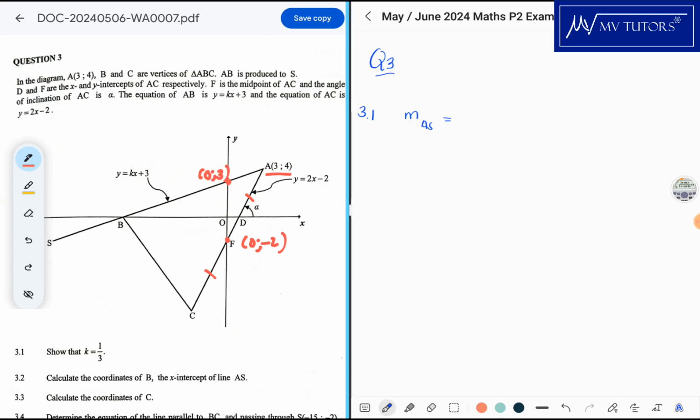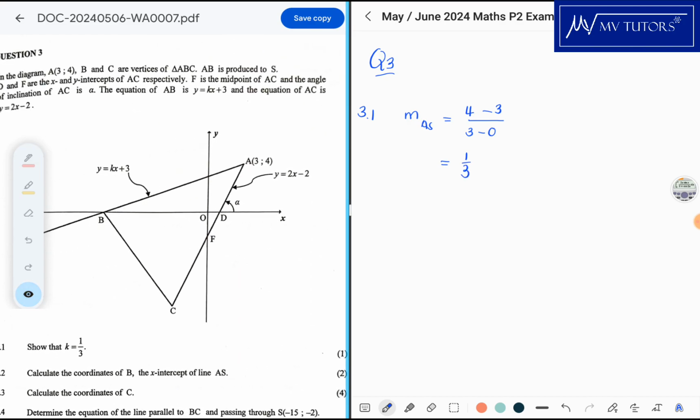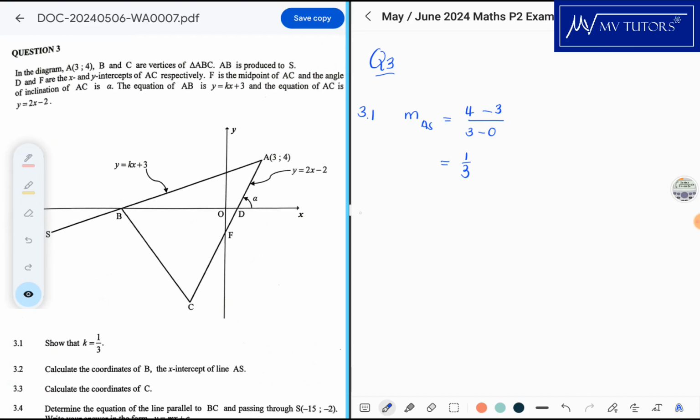So we have 2 points, we can get the gradient. We take the y-coordinate of A, which is 4, minus the y-coordinate of the intercept, which is 3. The x-coordinate is 3, and then there it's 0. So we have 1/3. Okay, that's it. Simple, 1 mark.